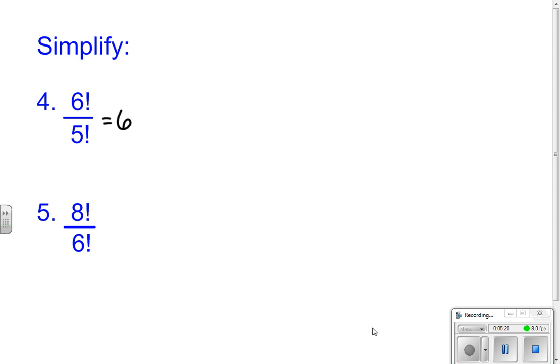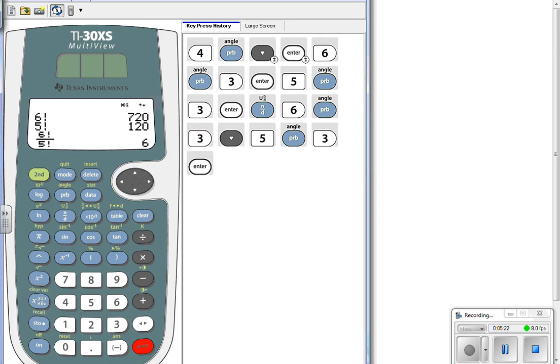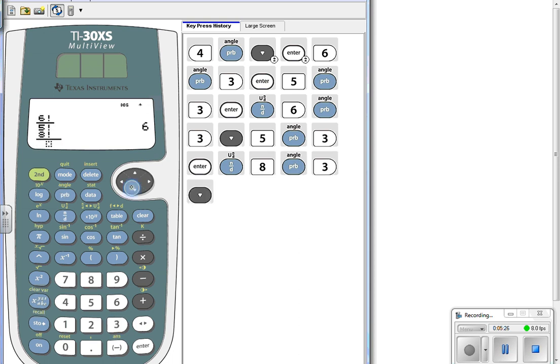Number 5, they want an 8 factorial over a 6 factorial. So start with your numerator denominator button, 8 factorial on the top, 6 factorial on the bottom. We get 56.